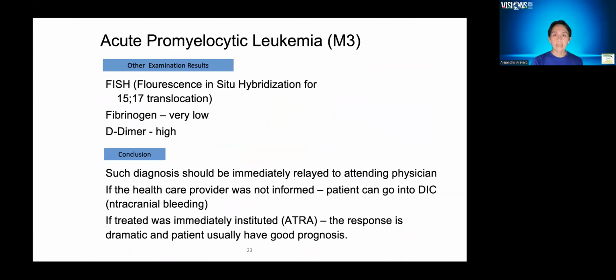Now, other tests that can be performed would be FISH testing to confirm the 15;17 translocation. And you can also do coagulation studies, okay, for DIC. Now, this is one disease that is considered a hematologic emergency, and once diagnosed, it should be relayed immediately to the clinician.